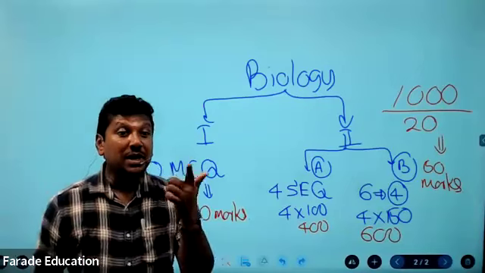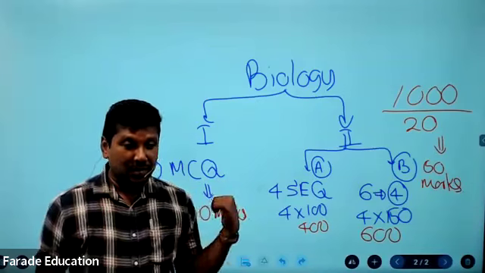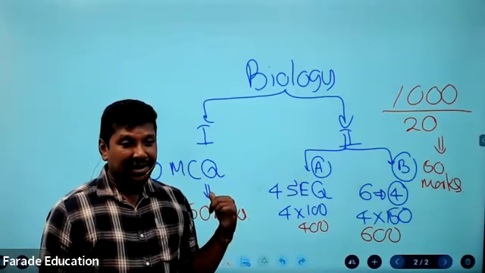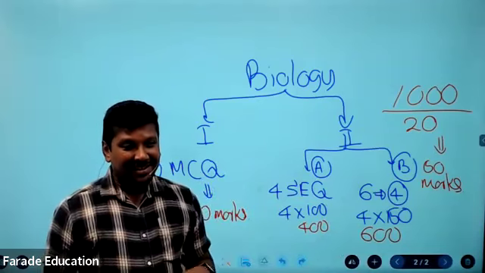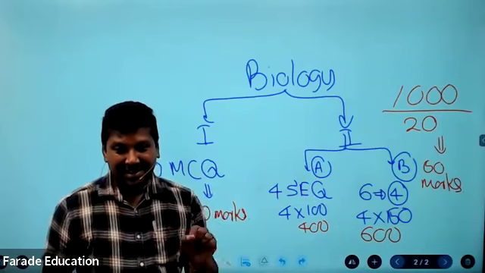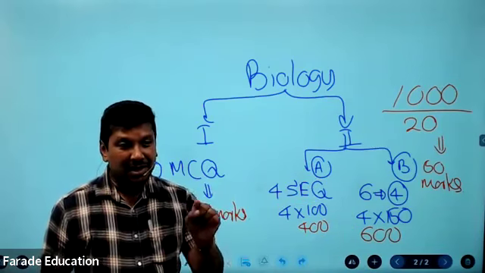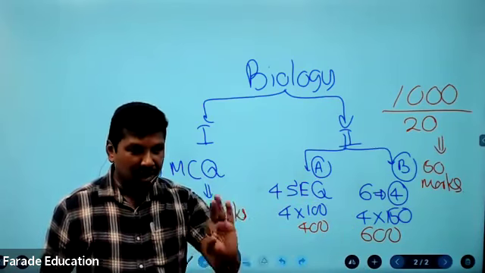But in medical faculty, it is the other way around, right? When you go to the medical faculty, if you incorrectly mark one MCQ, what happens? That is subtracted from a correct one. So it carries minus marks for the incorrect one. Why is that? Because doctors can't make mistakes. If you don't know, that's okay. You leave it.